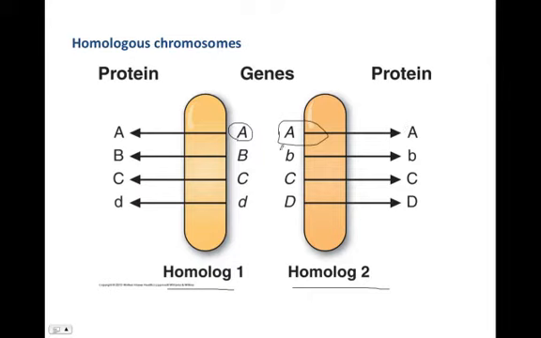If we look at gene B, for example, although it's similar on these homologous chromosomes, you can see that it's slightly different. This lowercase b would be an example of a recessive allele. Again, it's the same gene, and it encodes for similar proteins, but this allele would encode for protein B, whereas this allele on the homologous chromosome would encode for a recessive gene, denoted here as lowercase b.